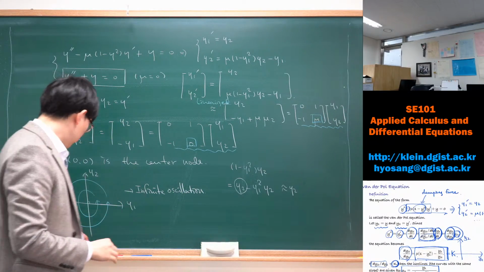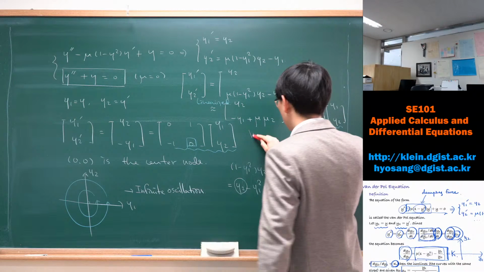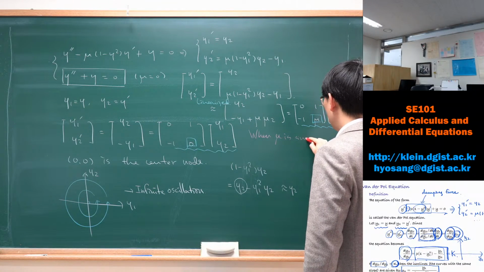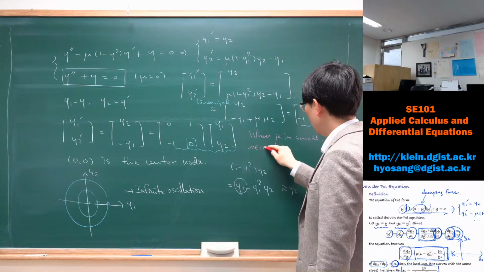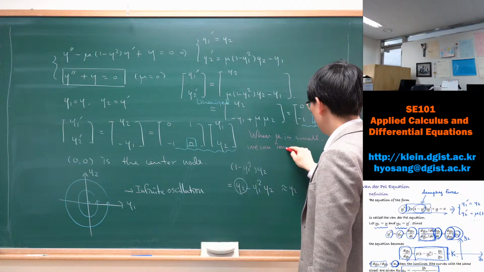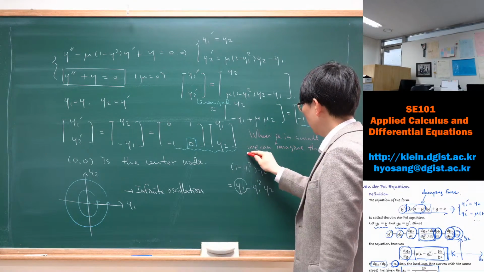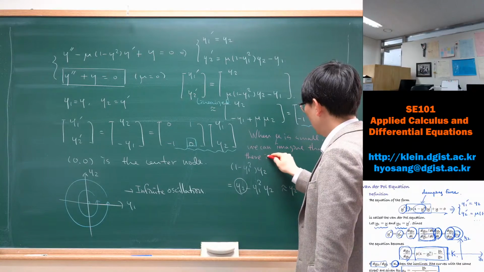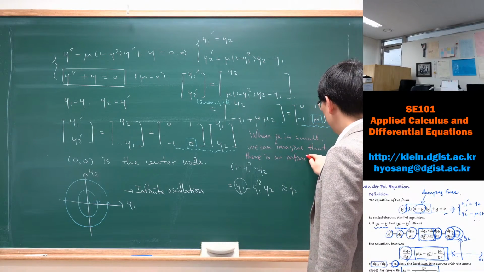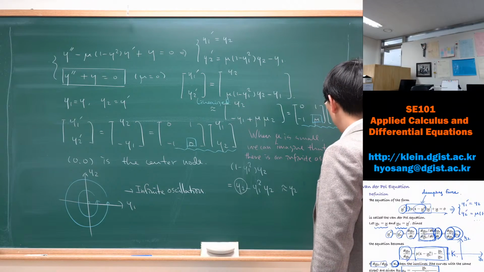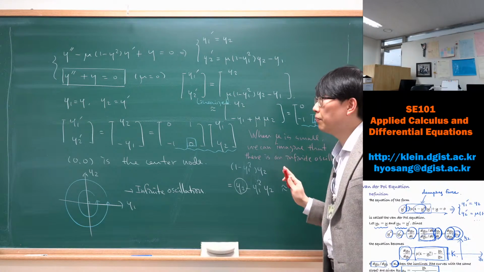So you see, when mu is small, we can imagine that there is an infinite oscillation in the van der Pol equation.